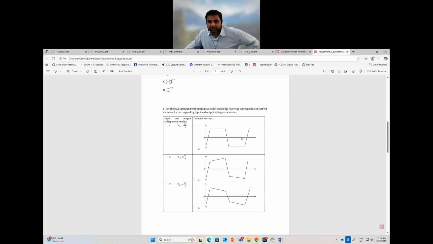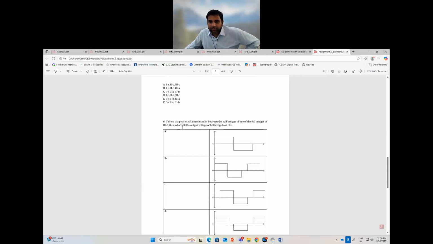Then comes question number 5. Again, by seeing the inductor current, you have to see what the relationship is between V in and V naught by N, where we know what N is. It is nothing but Ns by Np. Then comes question number 6, where the question is, if there is a phase shift between one of the half bridges, how the inductor current, or how the voltages, will look for that full bridge.